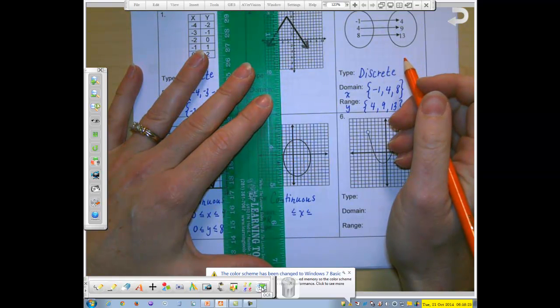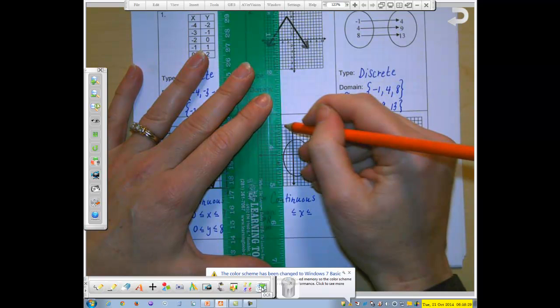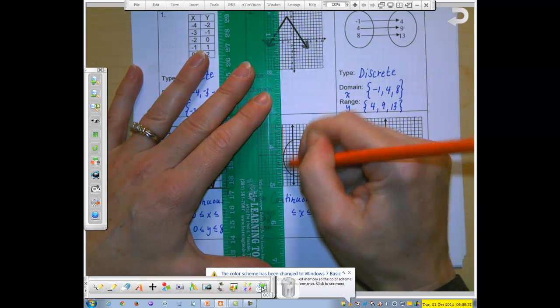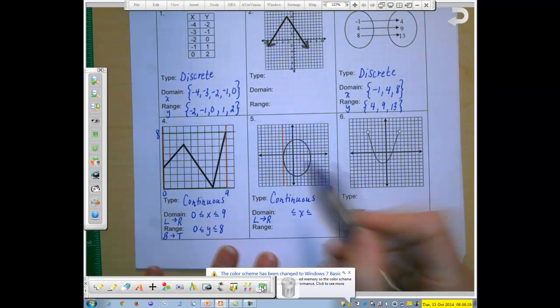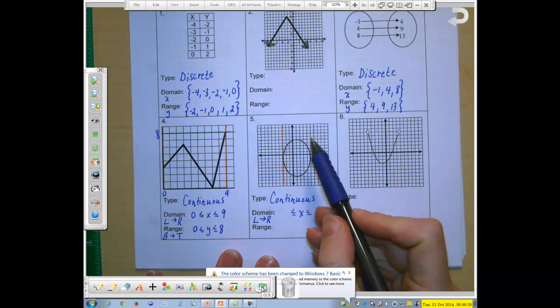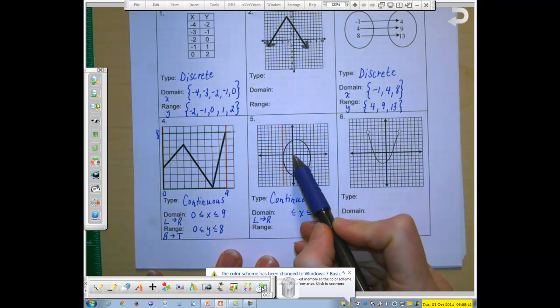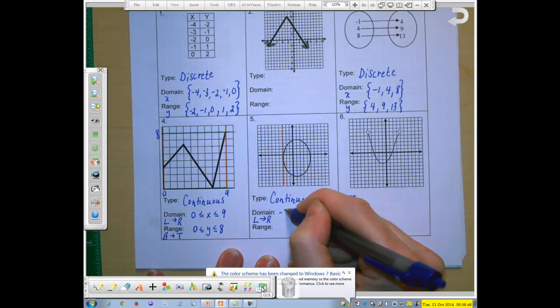So we want to draw a line across the leftmost boundary of the graph. And we look to see where that crosses the x-axis, and that's going to tell us the smallest number in our domain. So that's -1, -2, -3.